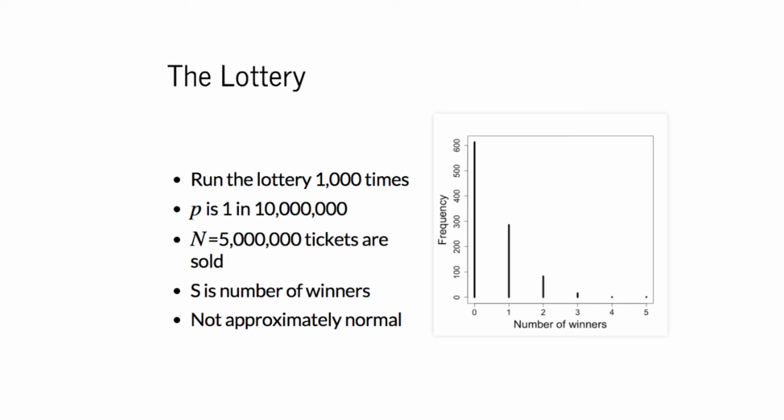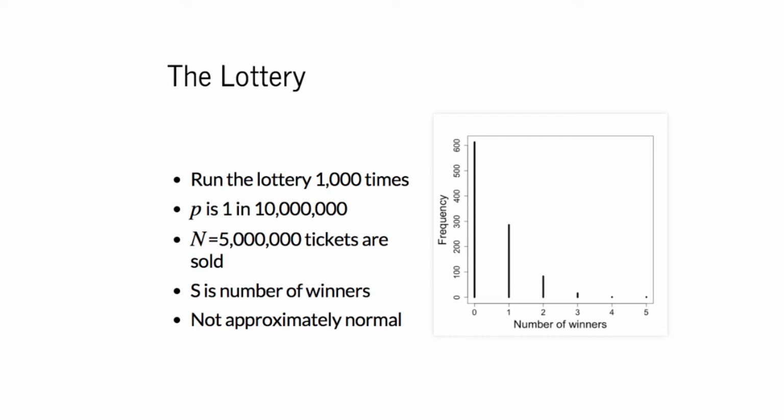Each time we ran the lottery, there was a 1 in 10 million chance of winning. But 5 million people, this is n, bought tickets. 5 million tickets were sold. And now S is the number of winners, the number of winning tickets. This is binomial. They're adding up zeros and ones that have a very small probability, but it's still a positive probability of being a success.